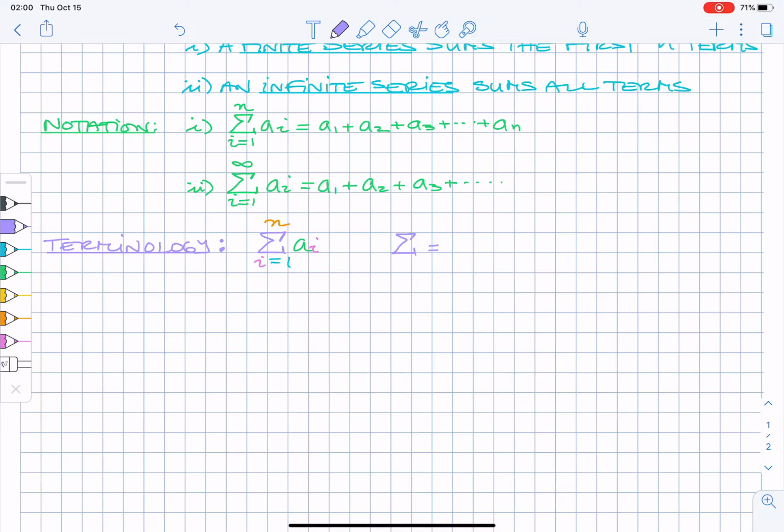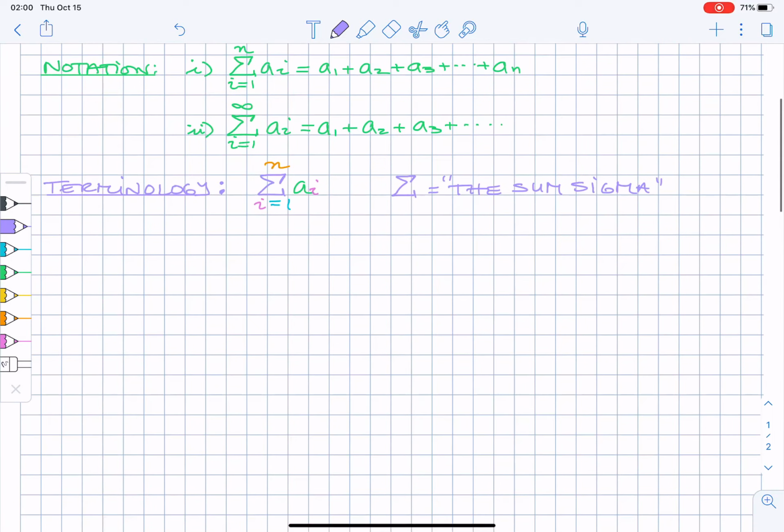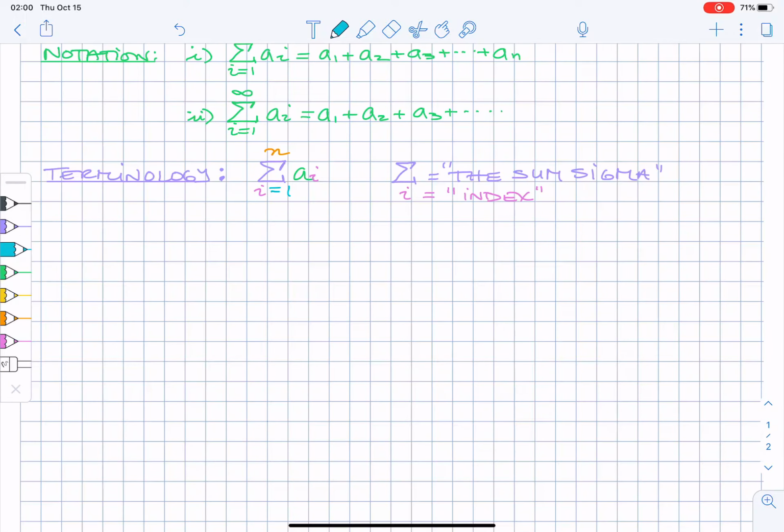The way I read it is the sum sigma as index i counts from 1.